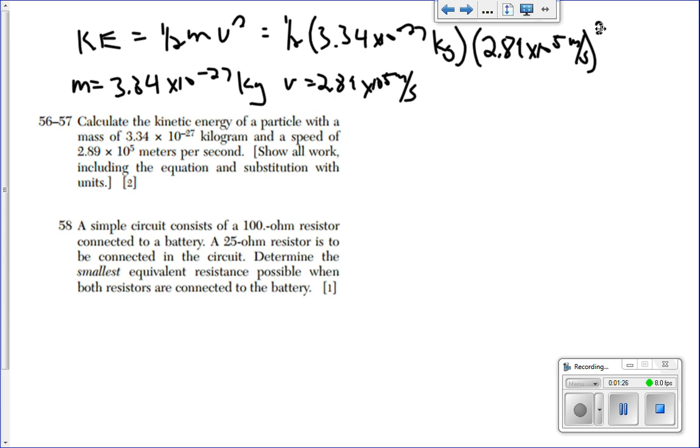All right, and then time to break out the calculator. So we got 1/2 times 3.34 times 10 to the negative 27th times 2.89 times 10 to the 5th squared.